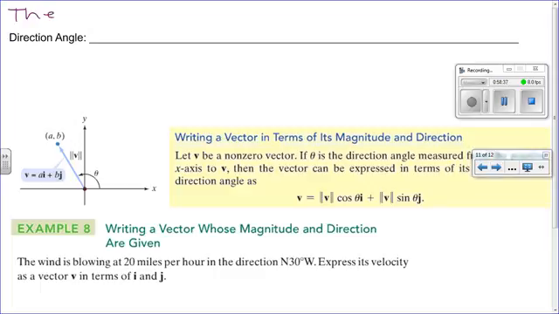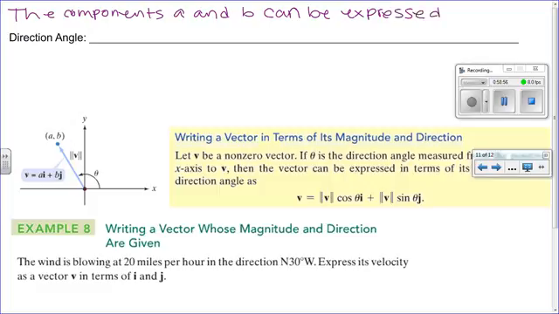The components A and B can be expressed. Don't be copying, please.